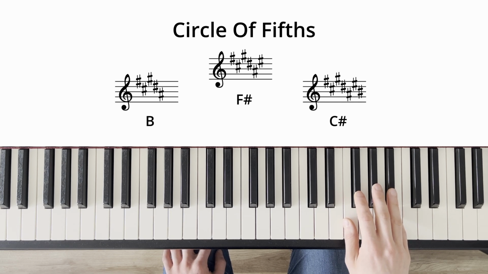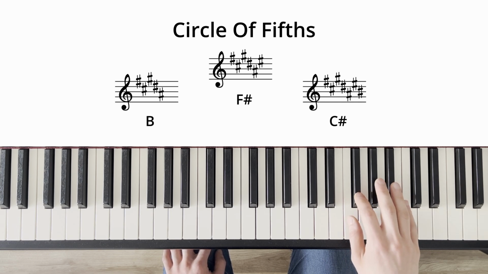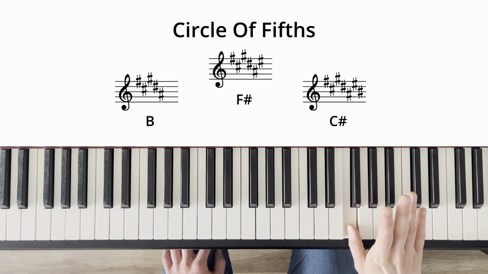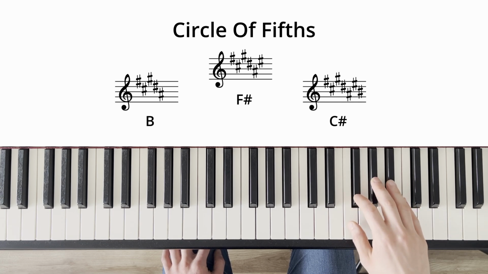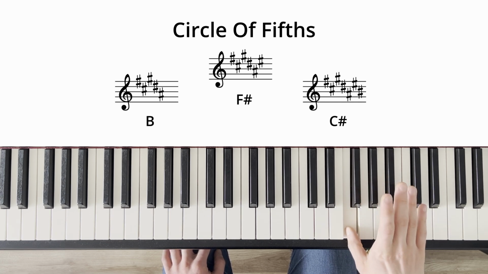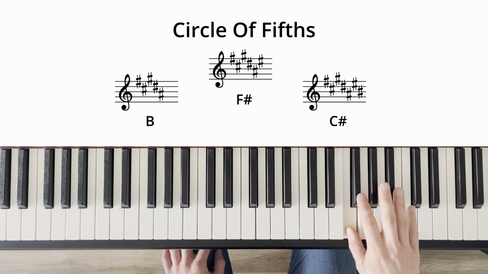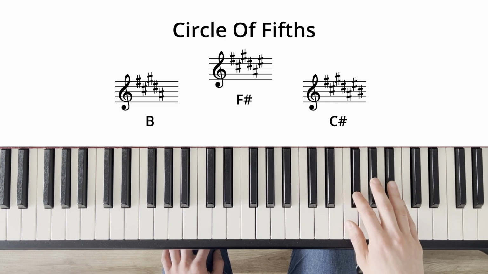And the new sharp that we add still has to be the leading tone, which is E sharp. This might look like an F, but we can't call it that because we've already got an F sharp, and we can't write a key signature where F is both sharp and natural at the same time. So we call it E sharp instead.